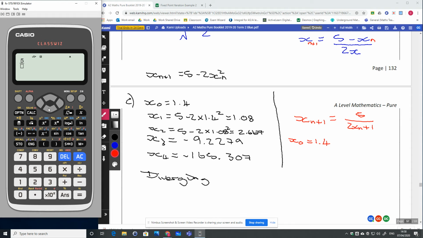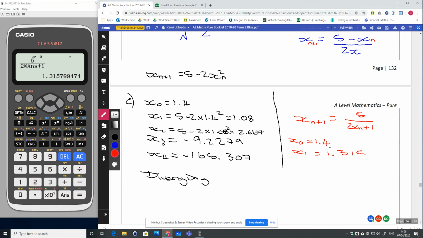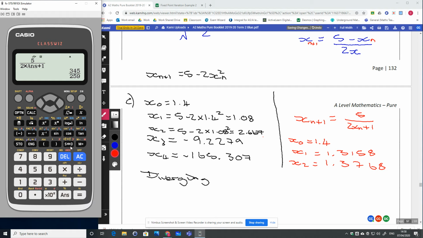I want to use 5 over 2 times the answer plus 1 equals, so my next value is, you're just generating your sequence, so x1 is equal to 1.3158, press equals, x2 is equal to 1.3768, press equals, x3 is equal to 1.33204.